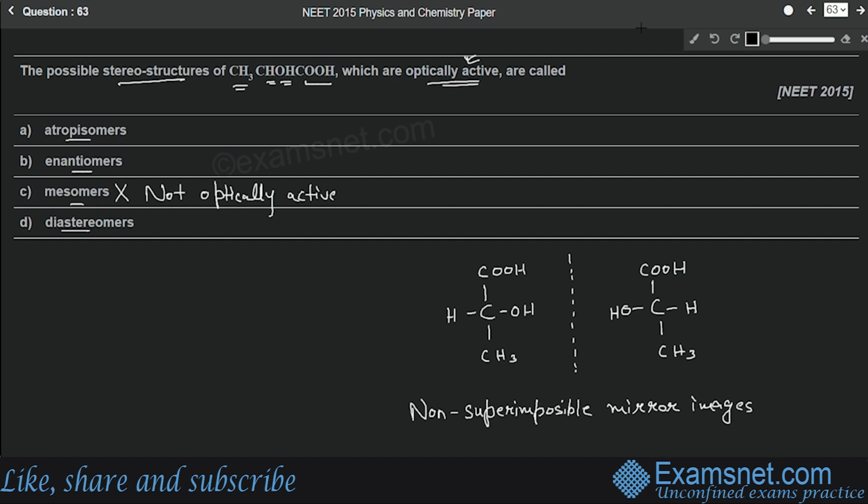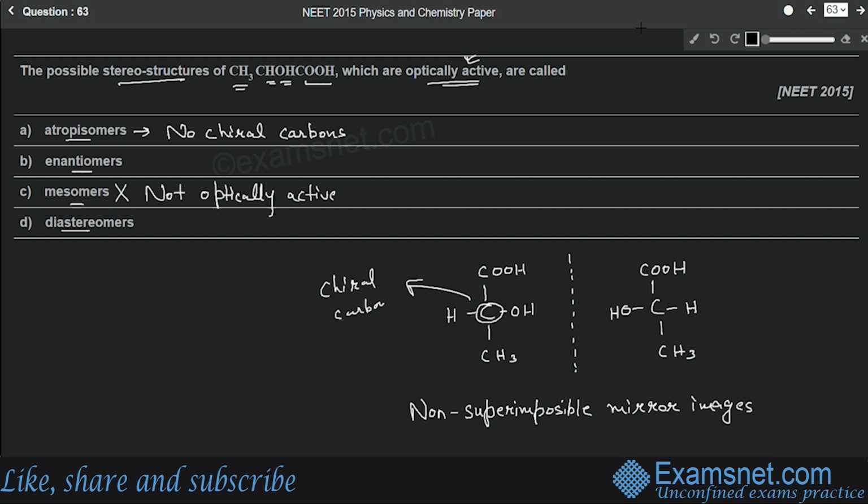But in atropisomers, there are no chiral carbons. But if you look at the structure, you can see that the central carbon is a chiral carbon because all the four groups attached to it are different. So this is a chiral carbon here. So one more option is eliminated.